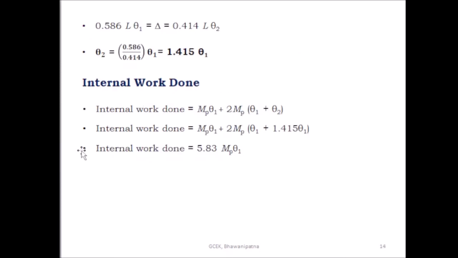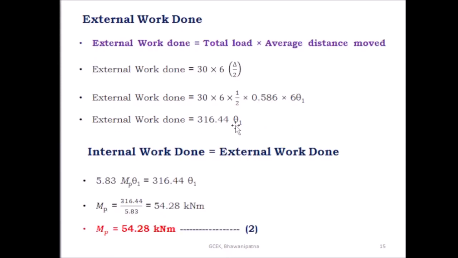And here you got the internal work done for span BC, 5.83 MP theta 1, and the external work done for span BC, 316.44 theta 1. Then after equating the internal work done with the external work done, you get the plastic moment capacity. So 5.83 MP theta 1 is equal to 316.44 theta 1.